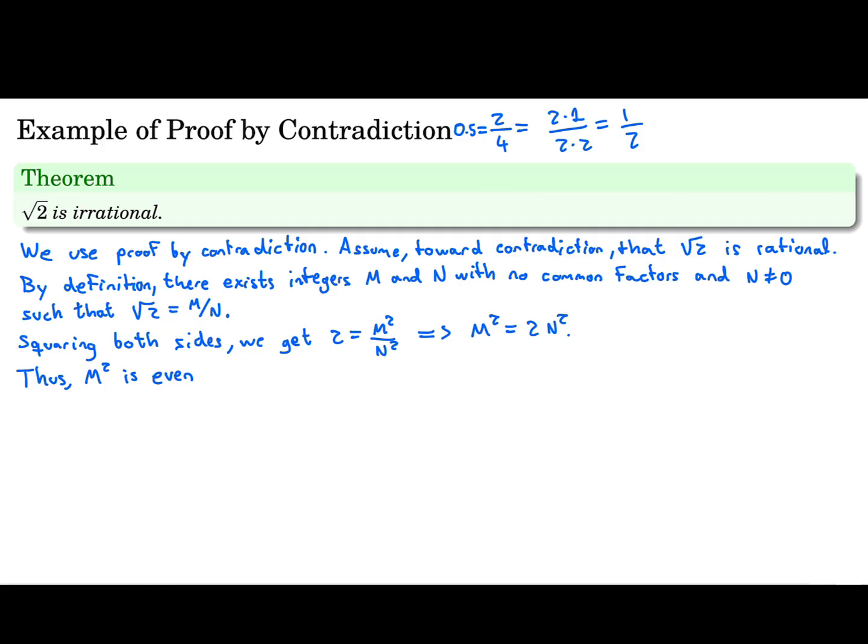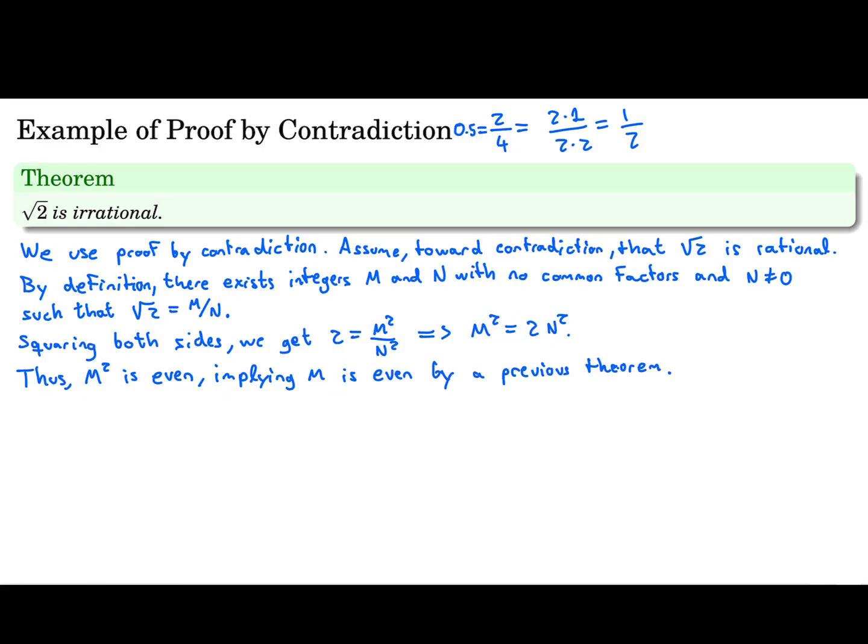So m squared is even, implying m is even by a previous theorem. So this was a theorem that we proved with contrapositive. So go and take a look at that. But yeah, so we know that if m squared is even, then m is even.